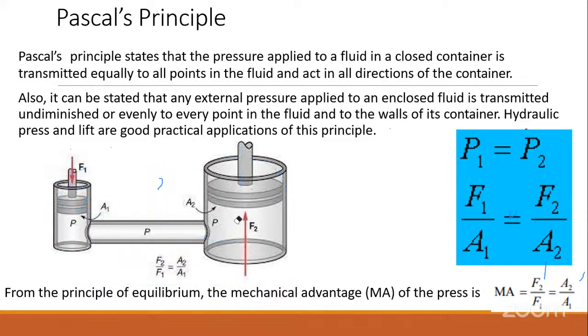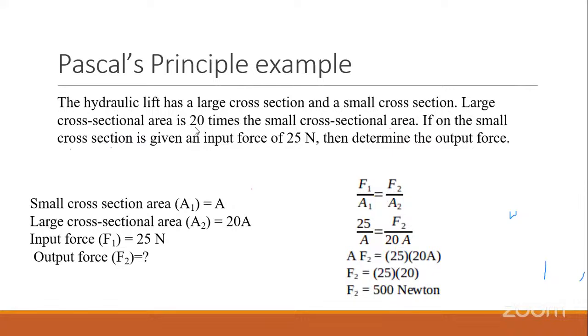Since pressure in one arm is equal to pressure in the other arm, we have P1 equals P2, which is F1 over A1 equals F2 over A2, because pressure is equal to force over area.